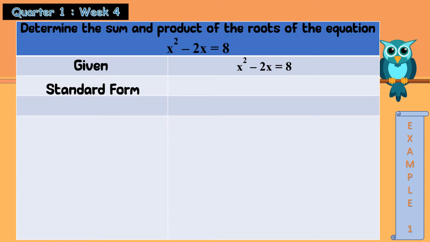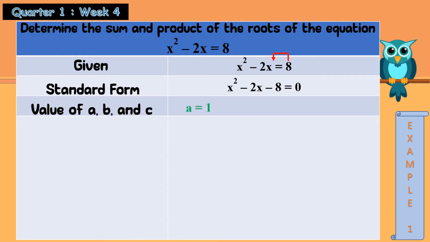From this example, we will move our constant term to the other side of our equation. So from positive 8, this will now become negative 8. So the standard form of the given quadratic equation now will be x squared minus 2x minus 8 is equal to 0.